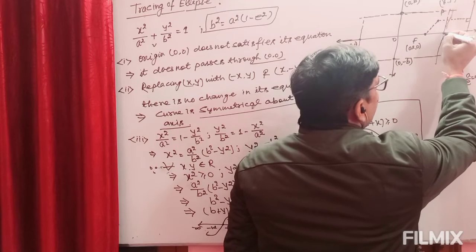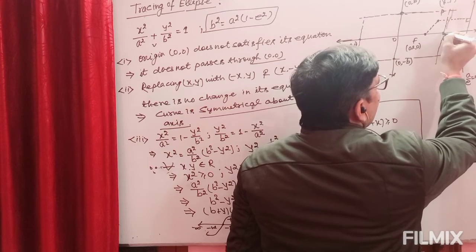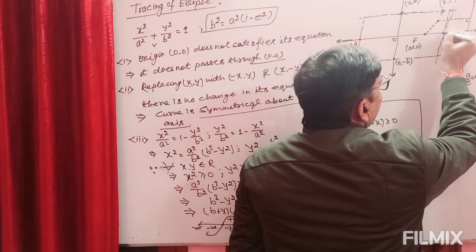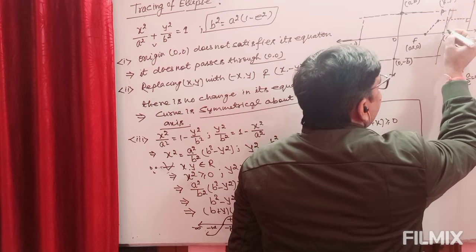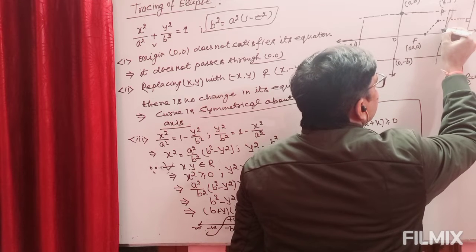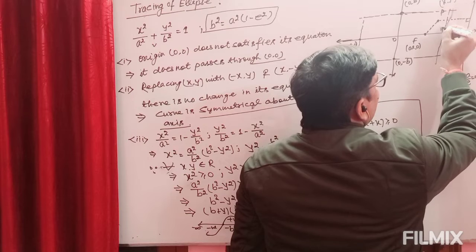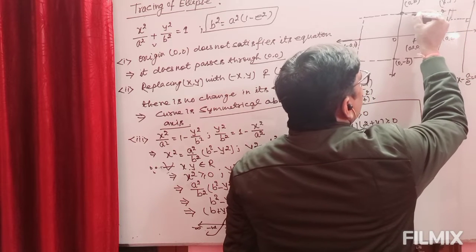So now from this point, if x is at maximum level, the curve will proceed in the direction where x reduces, so it will go upward like this, and y will go downward.